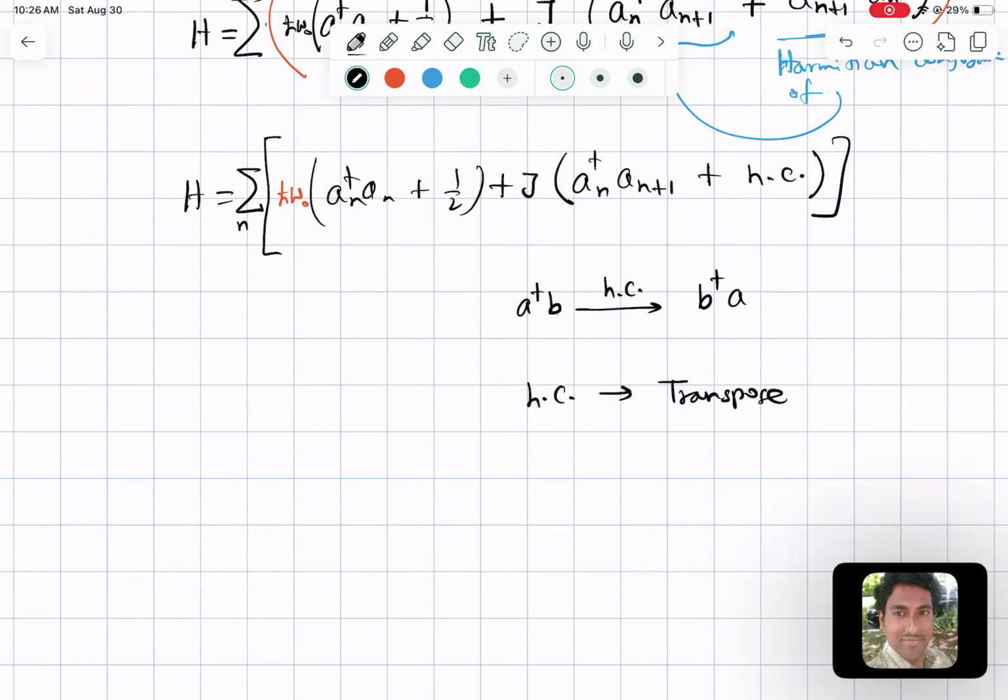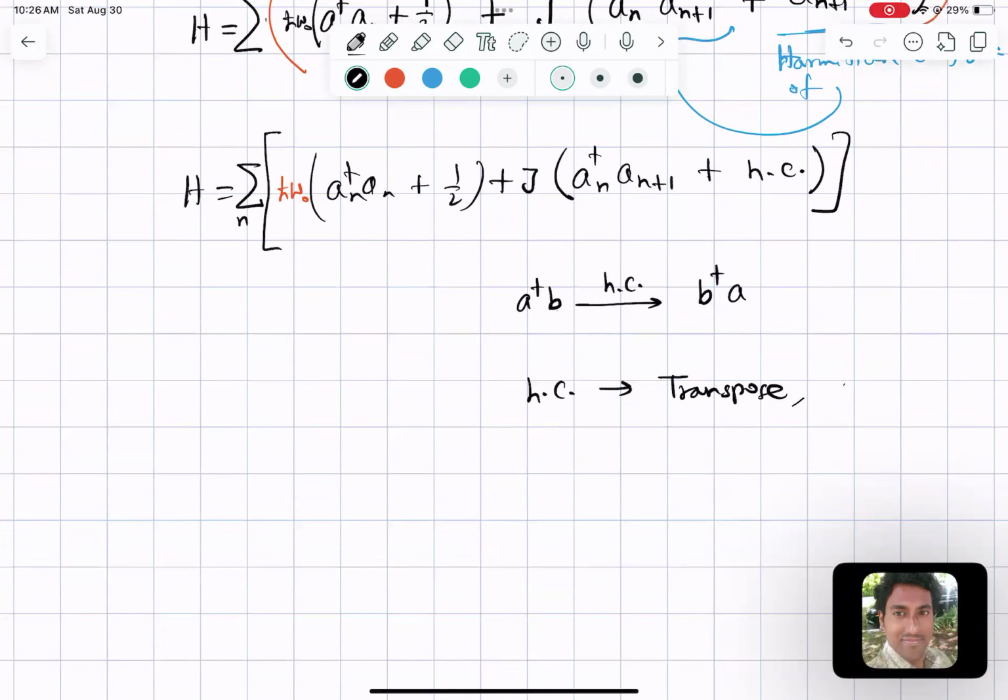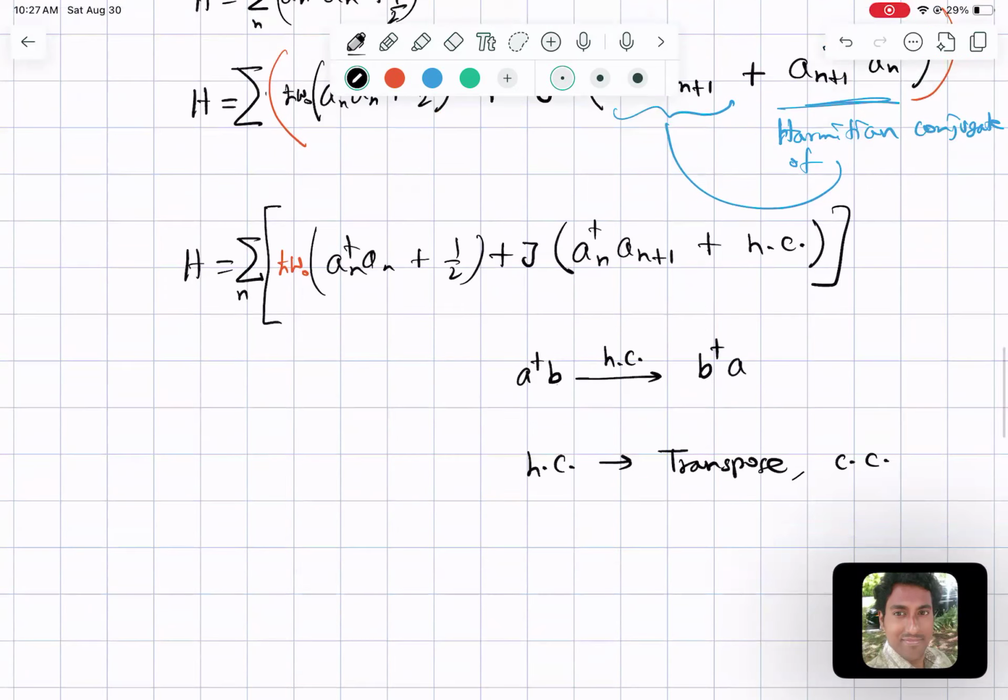Rows become columns, columns become rows, and then take the complex conjugate of all the elements. That's one way of getting the Hermitian conjugate of a matrix element. Or you can take an inverse and complex conjugate that. Okay.